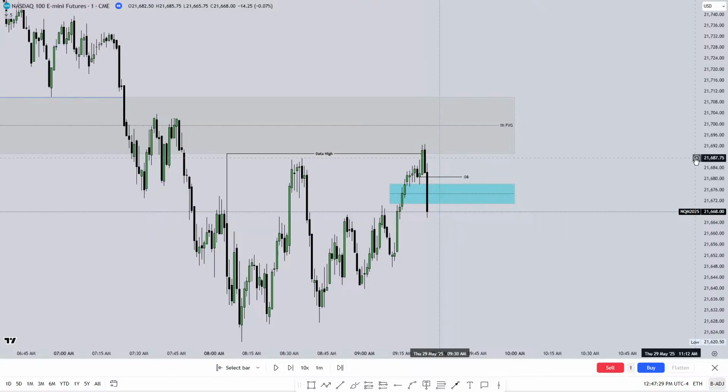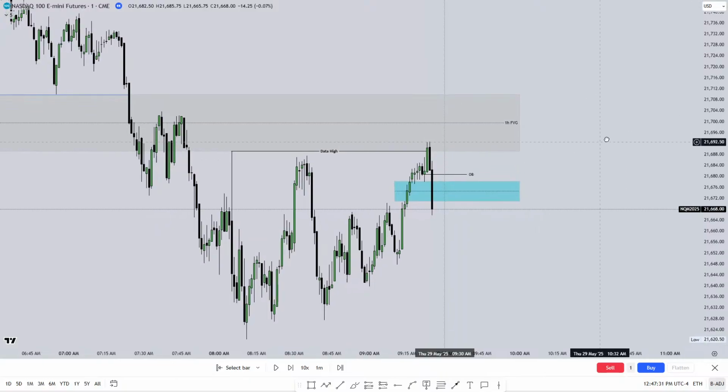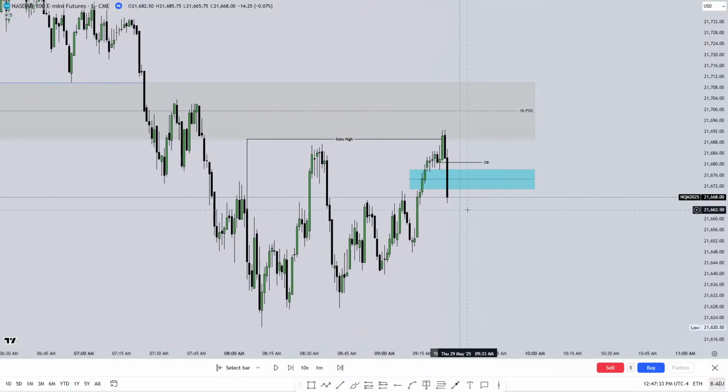So what if the manipulation already happened prior to New York Open? Would you expect manipulation again above this high? Or would you expect it to distribute really fast because the manipulation has already happened? And I kind of cakewalked you into that one, but you want to see distribution happen after the manipulation has already happened.